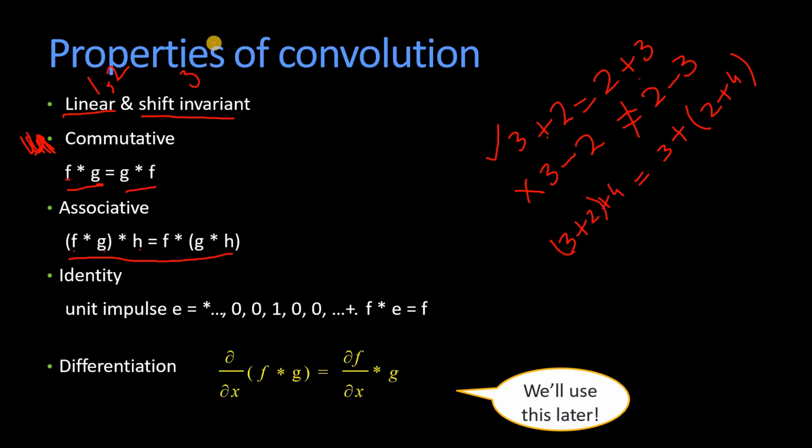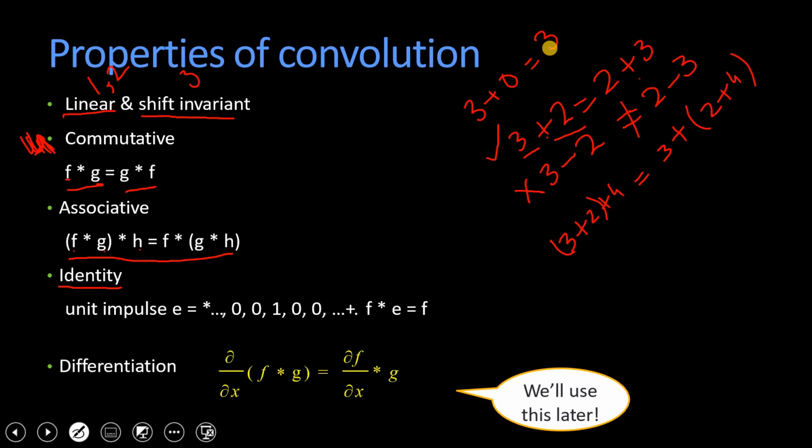One more property of convolution is that it has an identity element, just like in the case of addition. In the case of addition, the identity element is called 0. The 0 is the identity element, because if you add 0 to any value, the answer is the same.